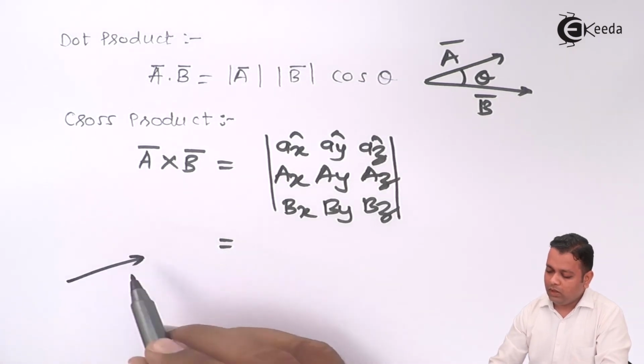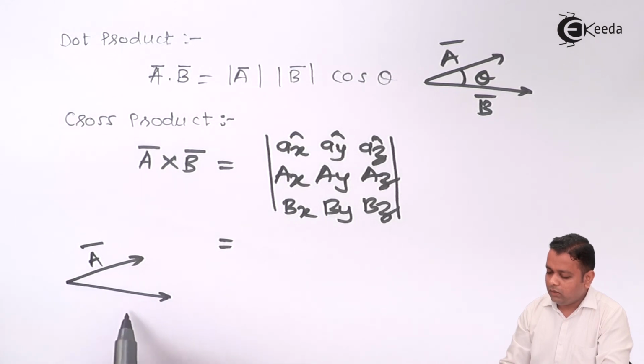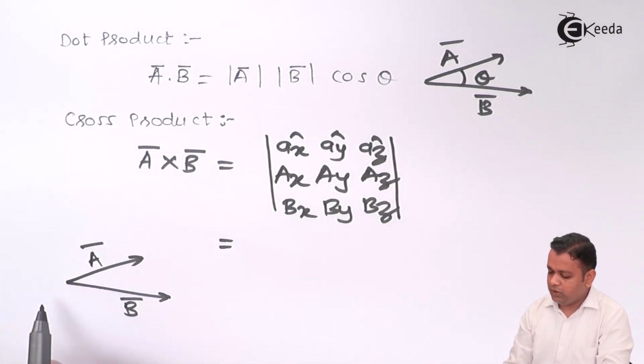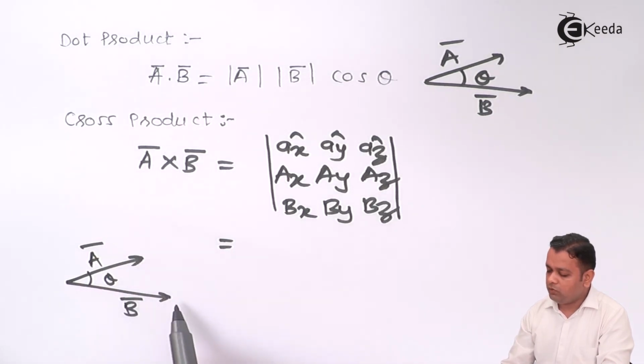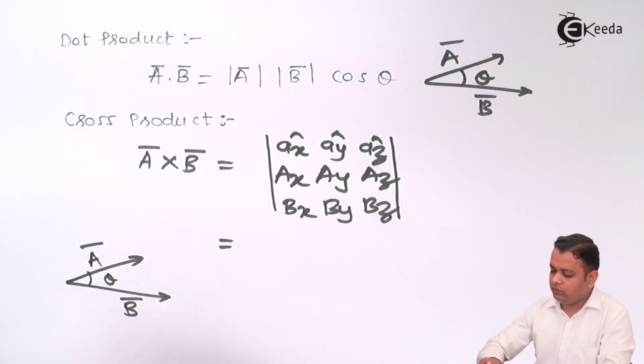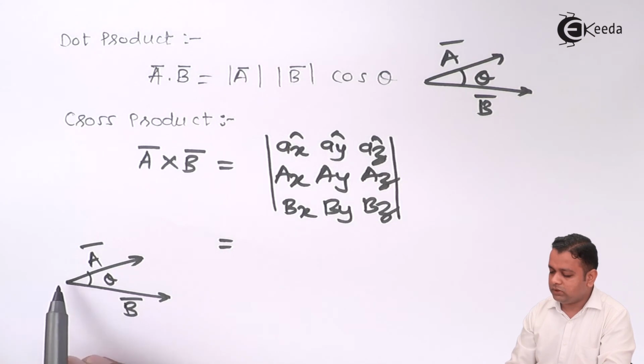Diagrammatically, if a bar and b bar are aligned to have the same source point, with angle theta between them, for a bar cross b bar we have to proceed from a bar to b bar with the curled fingers. The thumb will give you the direction of the resultant. So if we go from a bar to b bar, the thumb is inside the plane of the paper, which is the direction.